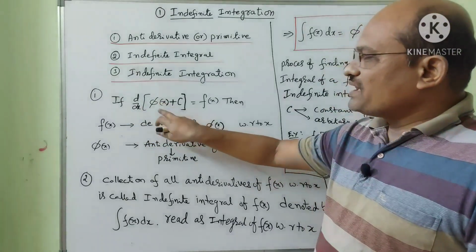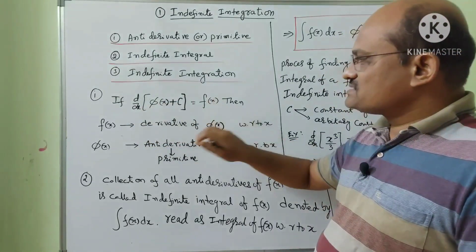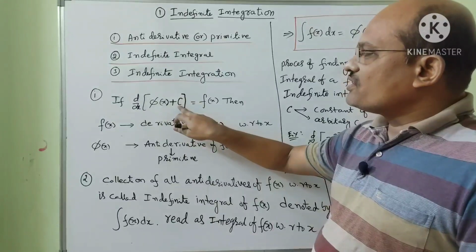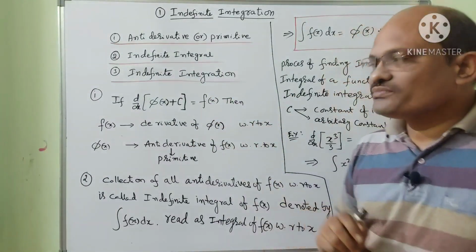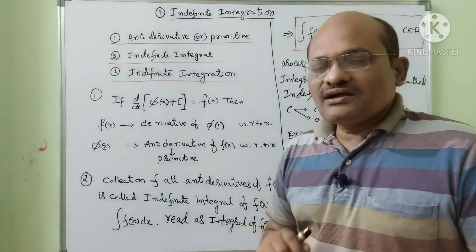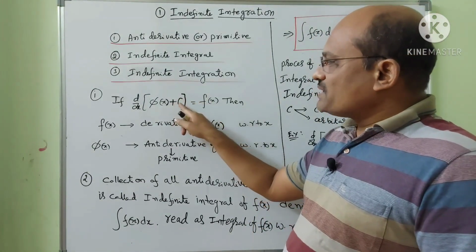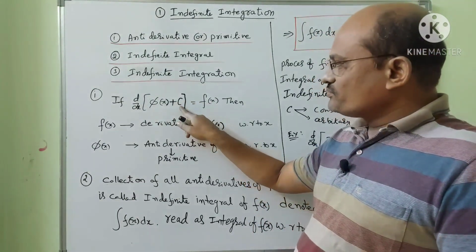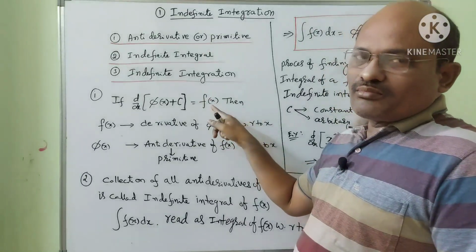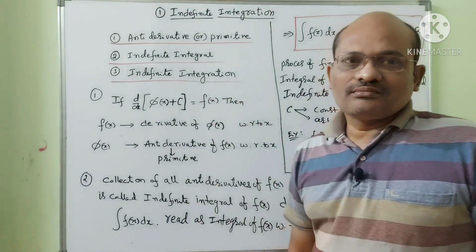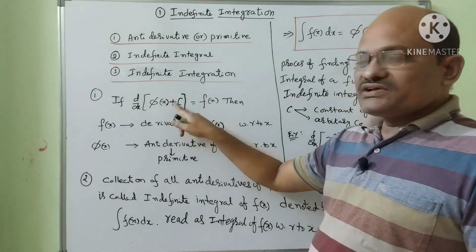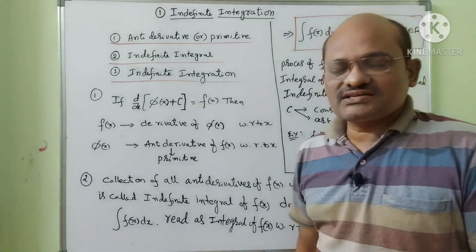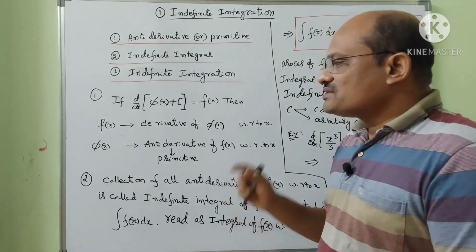Derivative of phi of x is f of x, plus derivative of a constant is 0. F of x plus 0 is f of x only. What is the meaning of that? If I introduce plus c also here, I will get same f of x as derivative. For phi of x, derivative is f of x. For phi of x plus c also, derivative is f of x.